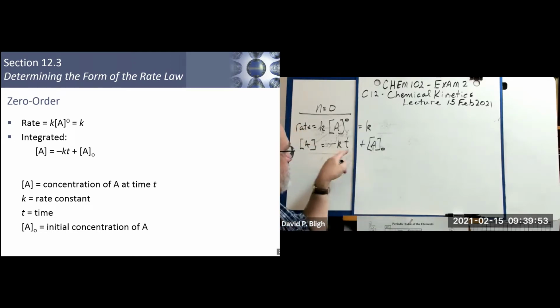So notice we have the time factored out so that we can know something about the time. What else do we see in an integrated rate law like that?